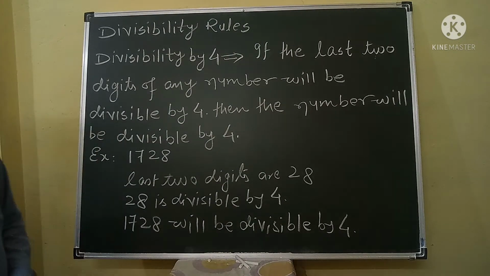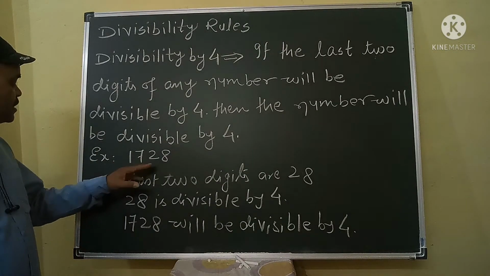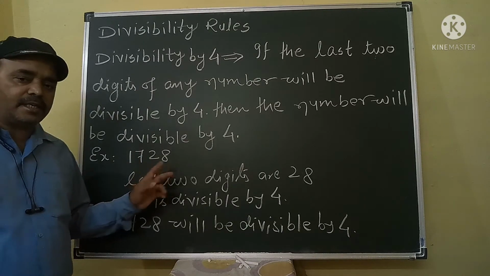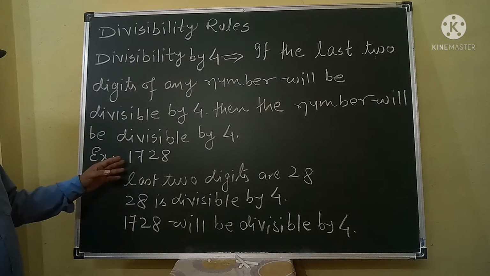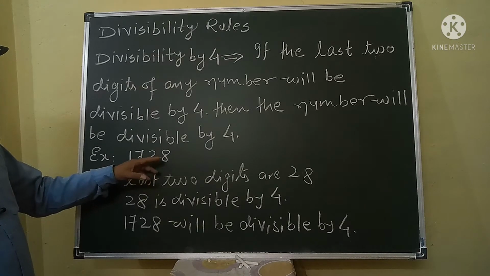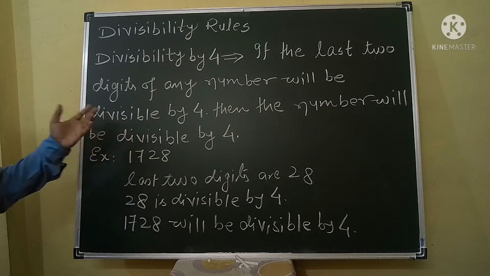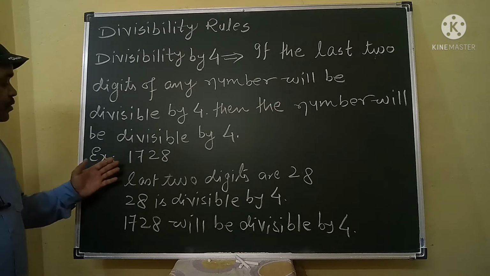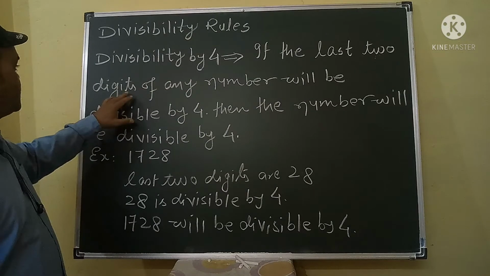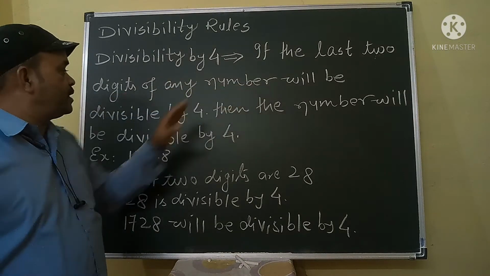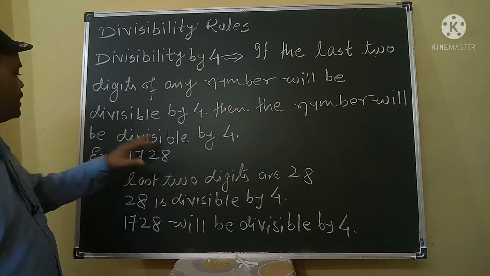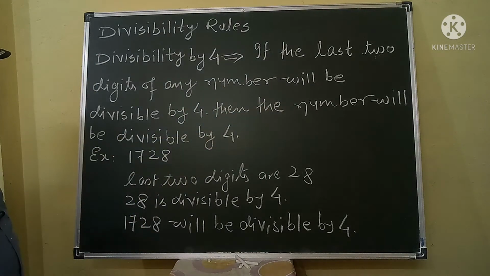Suppose you have one more number, 1728, and check whether 1728 will be divisible by 4 or not. So we will apply the rule: if the last two digits of any number are divisible by 4, then the number will be divisible by 4.